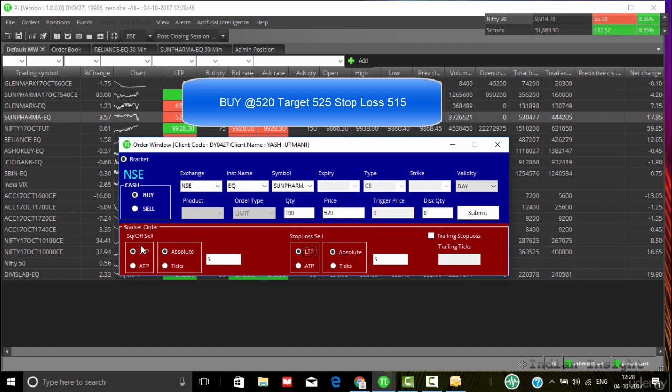Similarly, if your take profit price is hit, then your profit will be booked and your stop loss order will automatically be cancelled. This is why this bracket order is often also known as OCO order, which stands for one cancels other order. This OCO order is very common in Forex, but this order is nowadays being provided by certain equity brokers also. So I hope your broker also provides this option to you.